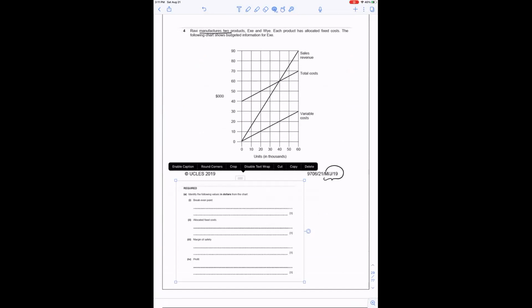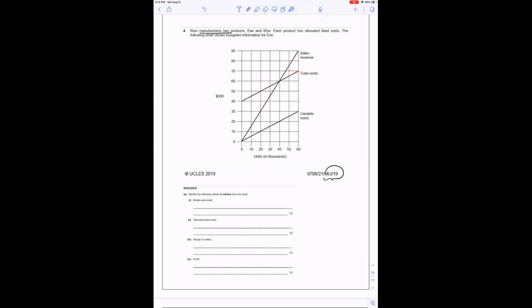And they want us to identify something. Values in dollars, the break-even point. They want you to identify the break-even point value in dollars. Break-even point is a point where my total costs and the revenue is equal.